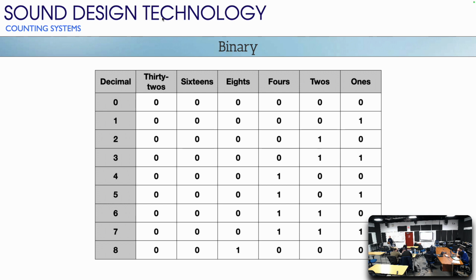Which means a byte, the largest value that a byte can encode, is 255. But here's an interesting little side note. Even though a byte, which uses 8 bits, has a highest value of 255, there are 256 possible combinations.